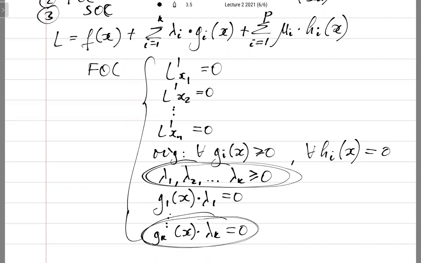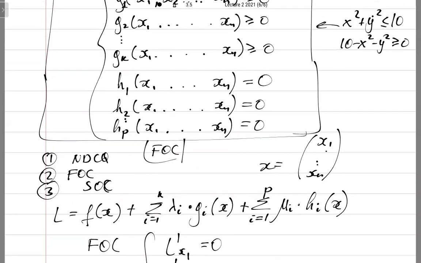Excuse me, what is written on the fourth line, before any g? Original constraints. So these are just a copy of the original constraints.